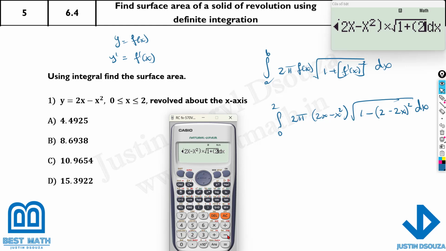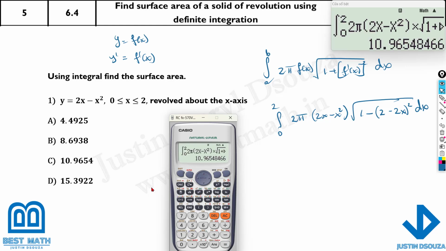It is derivative, that is 2 minus 2x. Close the bracket and then square it up. And here you go. It will be 0 to 2. The answer is 10.96. That is option C. Over here it was plus. I missed it out when I was writing the formula. It is 1 plus.